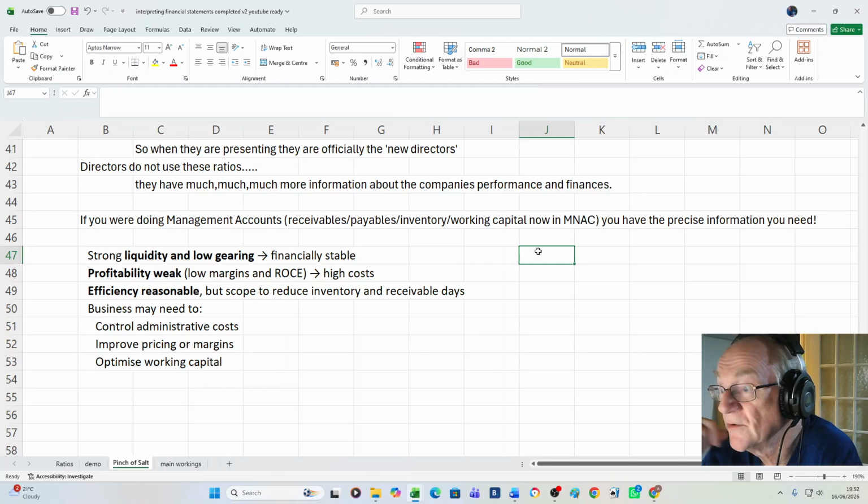For instance, you could drop your prices in order to sell more, which will reduce your gross profit margin and make you look worse. However, if it works, the volume goes up sufficiently and you've got your sums right, then your operating profit margin will be better.